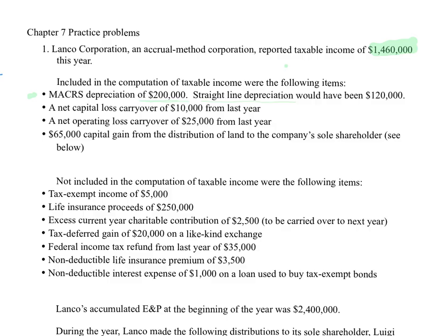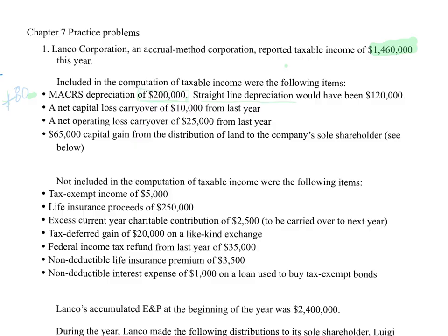So what do we know? Well, we know we deducted more for tax than we would deduct for earnings and profits, so we get to add back. Okay, so I'm going to put plus. I'm going to change my color here. Hopefully that should, there we go. Okay, so that's $80,000, and we're going to add that.